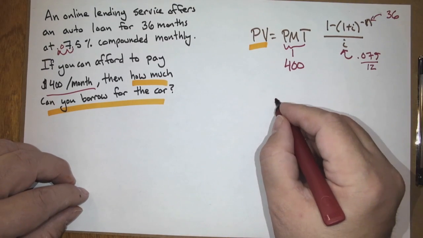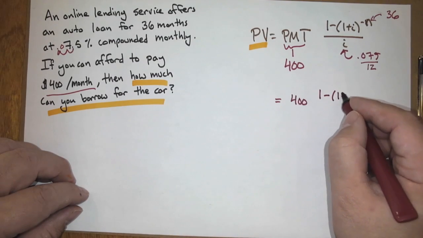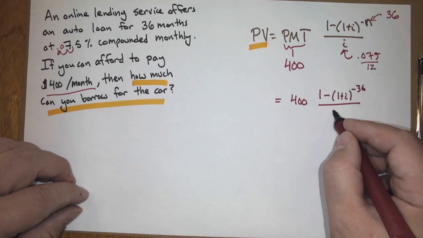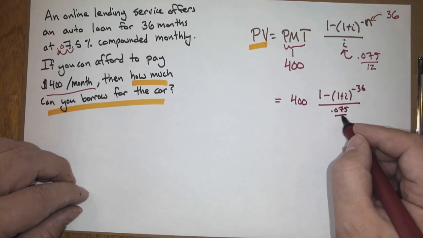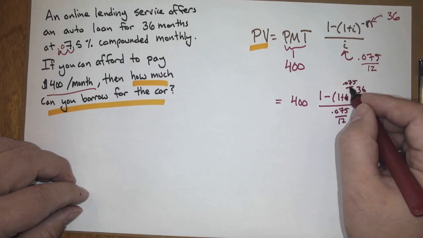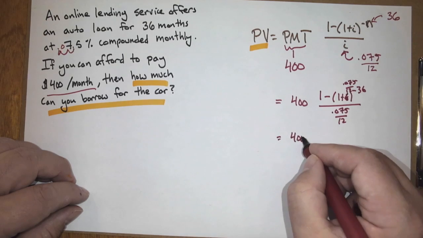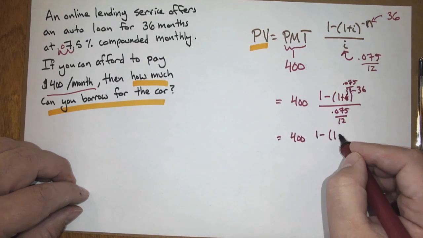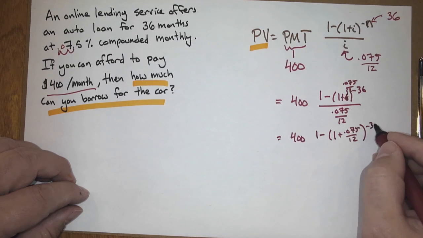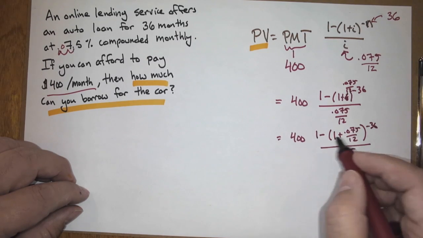Okay, so we have 400 times 1 minus 1 plus i to the negative 36, divided by 0.075 over 12. Whoops, I should have written here that 0.075 divided by 12 is i. Well, let me rewrite that again. 400, 1 subtract 1 plus 0.075 over 12 to the minus 36 power, divided by 0.075 over 12.